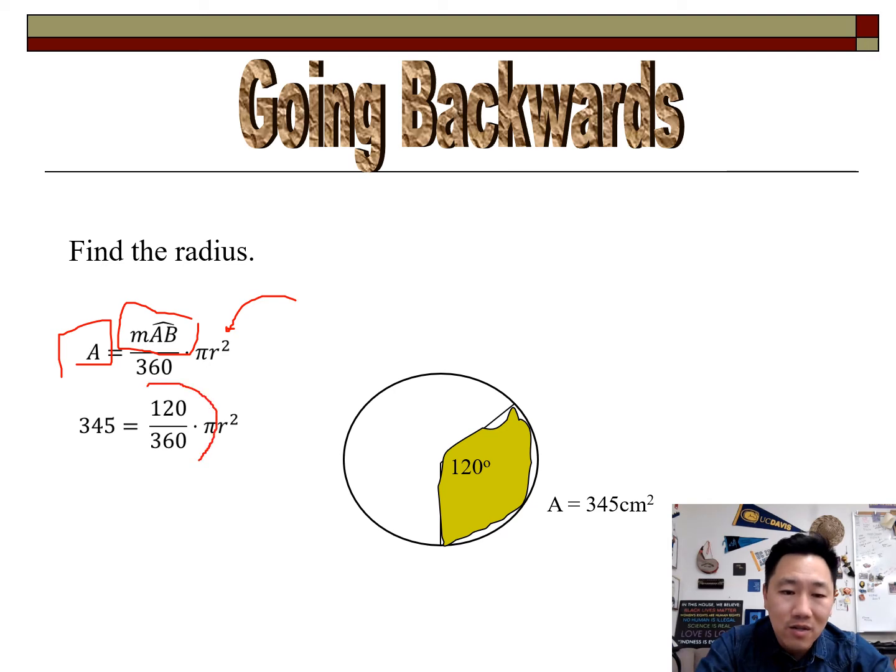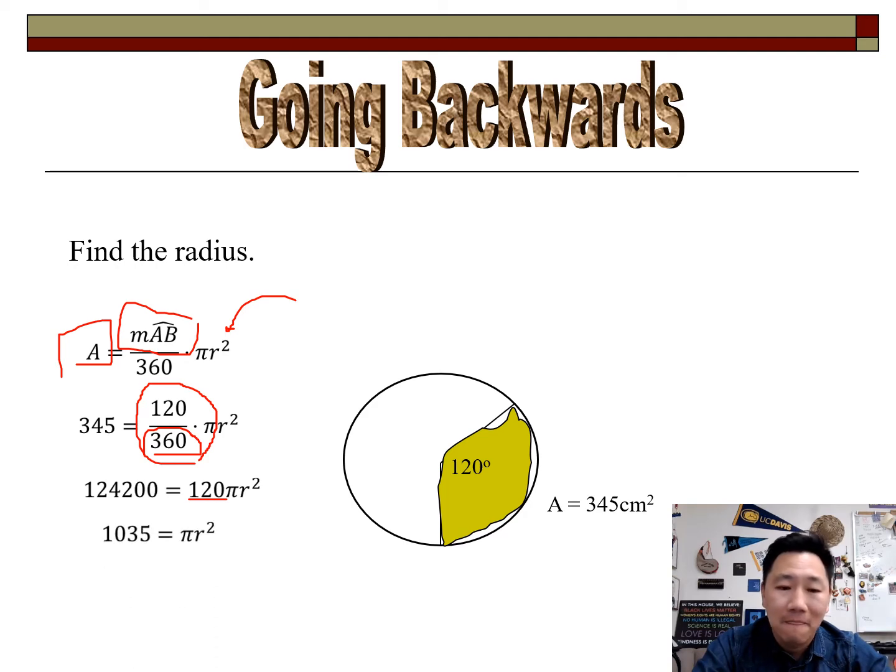You can actually punch all of this into your calculator to get a decimal, but I'm going to show my work. I'm going to take one step at a time. I'm only going to get rid of the 360 right now. To get rid of the 360, move it to the other side by multiplying both sides by 360. Then I'm going to divide by the 120 to the other side.